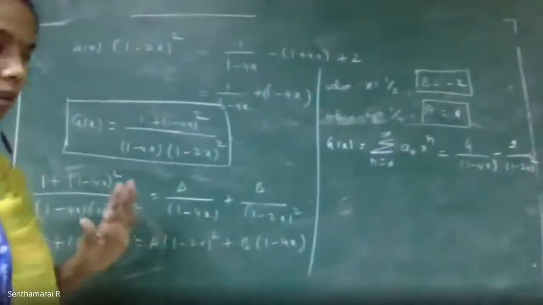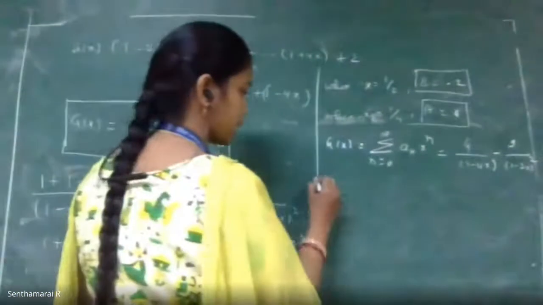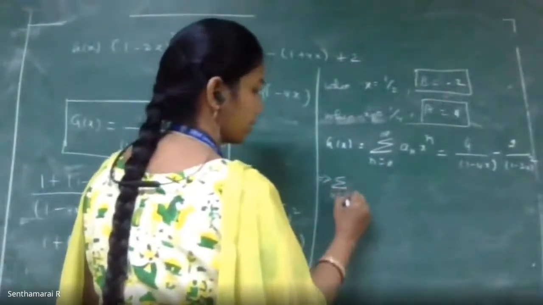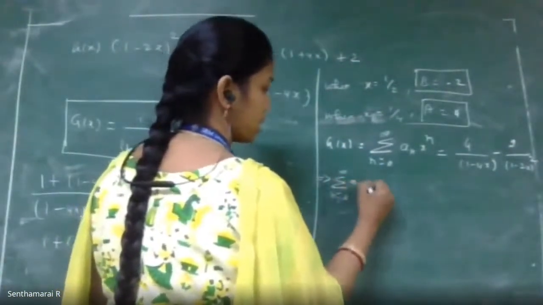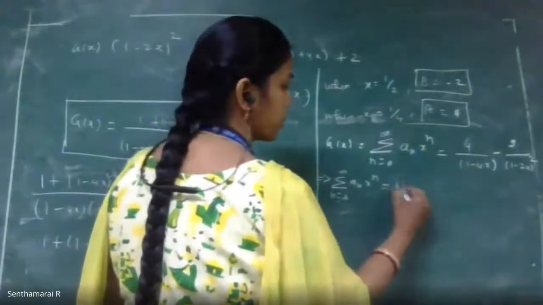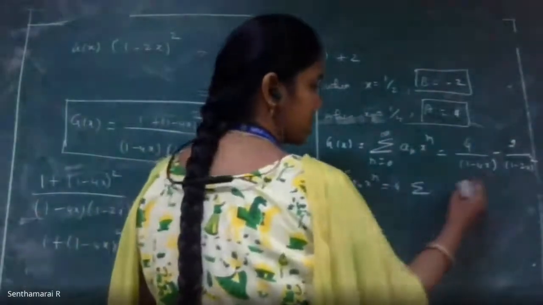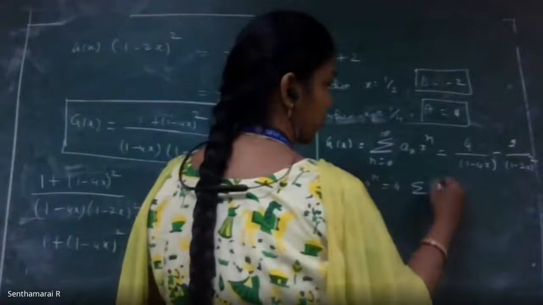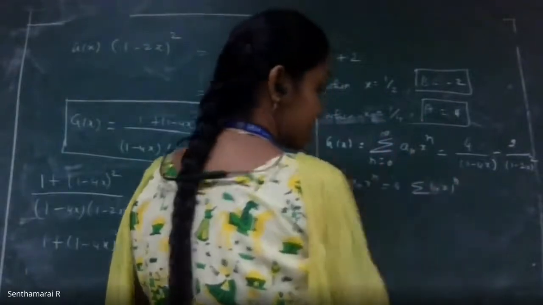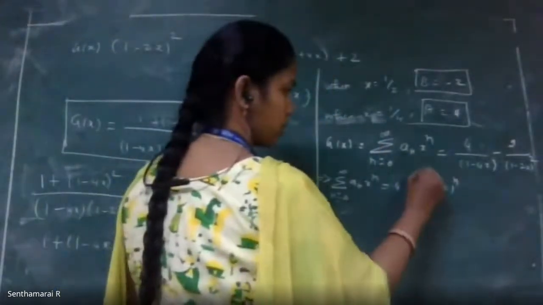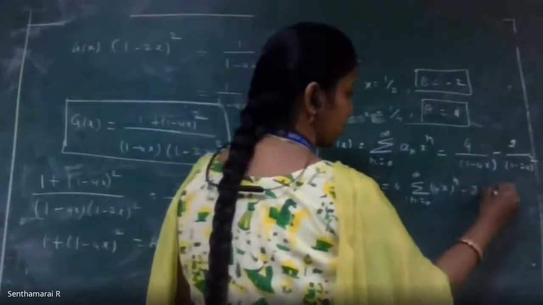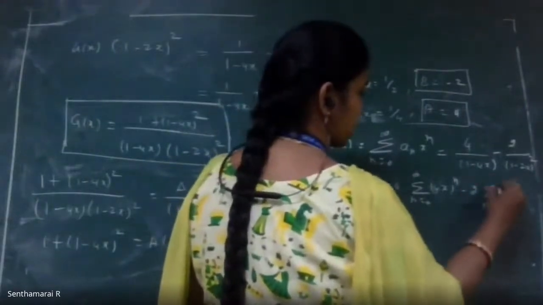Is this correct? That implies summation over n equal to 0 to infinity a n x power n equal to 4 into summation, this is nothing but 4x whole power n's formula, just now I explained, n equal to 0 to infinity, minus 2 into summation n equal to 0 to infinity.